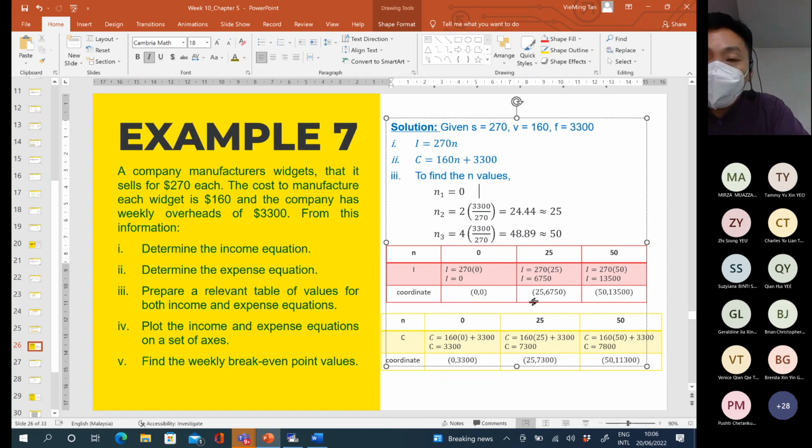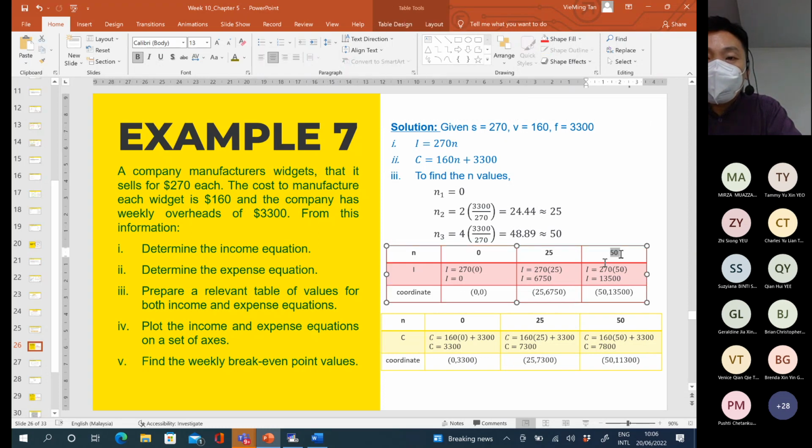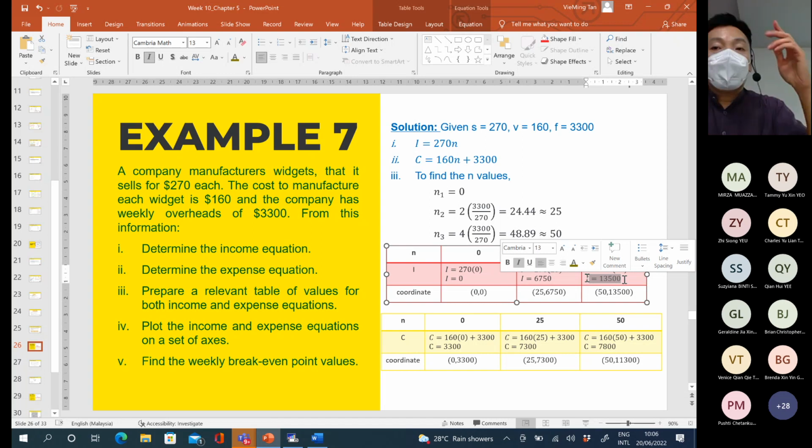The second coordinate, let us assume that n is equal to 25, so the I is equal to 6,750. This will be the second coordinate that the income equation passes through. And the third point is when n is equal to 50, I is equal to this number. So this is the third point that the income equation will pass through.